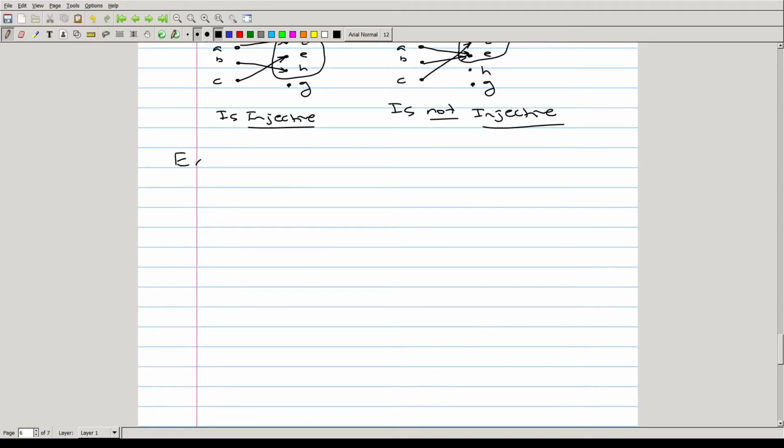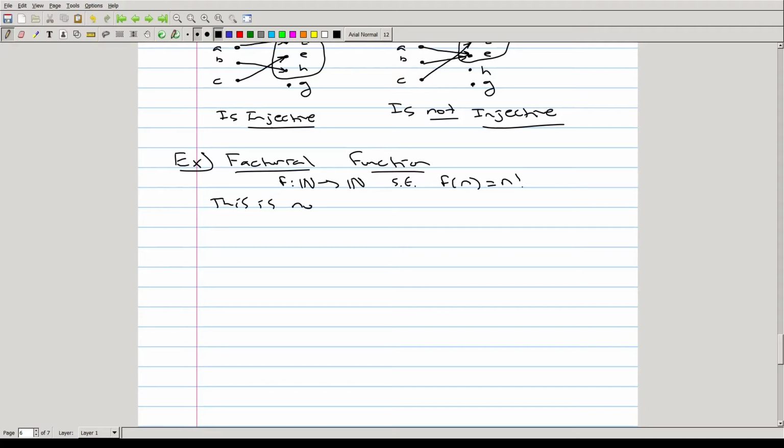For another example, we can consider the factorial function. This is the function that we defined before, from N into itself, such that f of n is equal to n factorial.